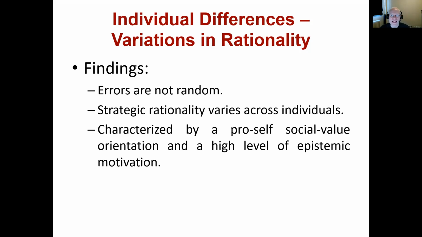Those are steps needed in deliberation for making rational choices. So a high level of epistemic motivation makes sense. But when we're talking about rational self-interested behavior, epistemic motivation is not enough. It also requires a pro-self social value orientation, where you're going to be looking out for yourself.